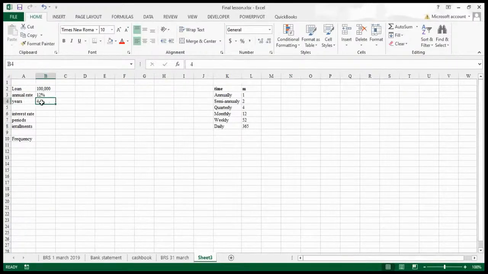Assuming that the original was 4 years, how many times are you going to pay for this loan when the loan term is 4 years and you are doing payments on a monthly basis?